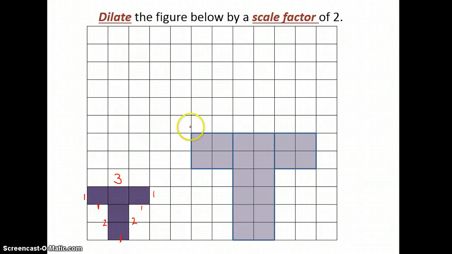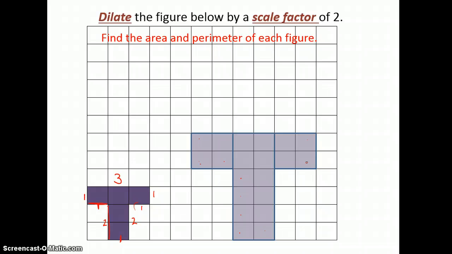So 3 times 2 is 1, 2, 3, 4, 5, 6. 1 times 2 is 2. Don't forget about this 1. Times 2 is 2. 2 times 2 is 1, 2, 3, 4. 1 times 2 is 2. 4 again here. 2, because 1 times 2 goes out here, and then 2 here. So I've enlarged my figure.